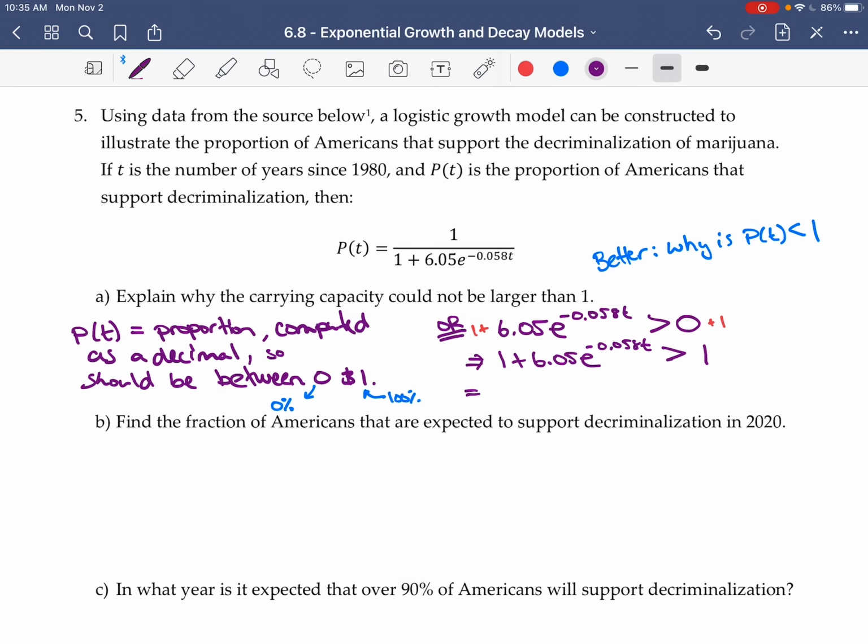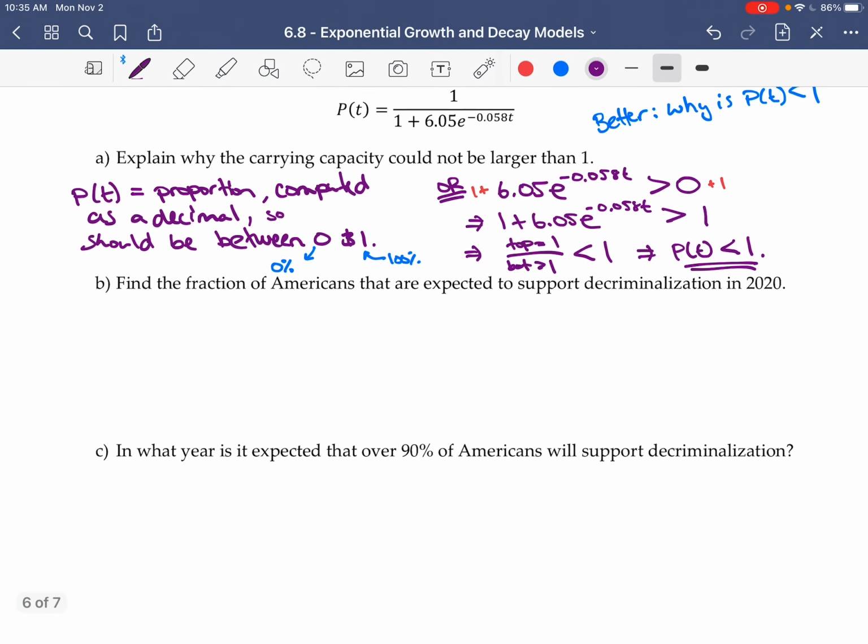So that means that the top equals 1, and the bottom is bigger than 1. So if I divide 1 by something that's bigger than it, I'm going to get something less than 1. Okay, so that means that P of t needs to be less than 1. Okay, so that's not thinking about the context, but just interpreting the equation.